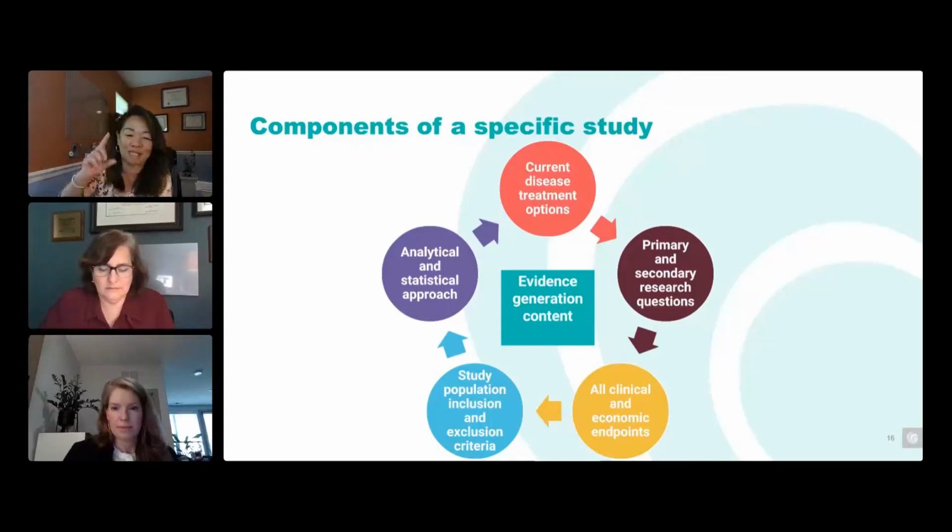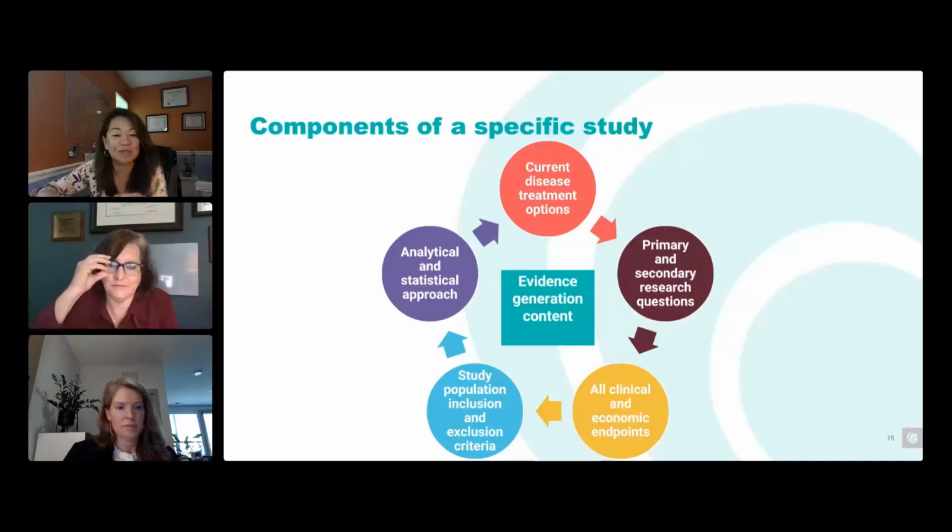Because that's so valuable, because then everything can align from there in terms of what outcomes you're asking about, what study populations you're making sure you're including, who's included, who's not included, right? What's your analytical and statistical approach, and how are you thinking about handling issues that might come up in the analysis phase, right? And all of this tying into making sure that you're answering the important questions that you're supposed to, right?